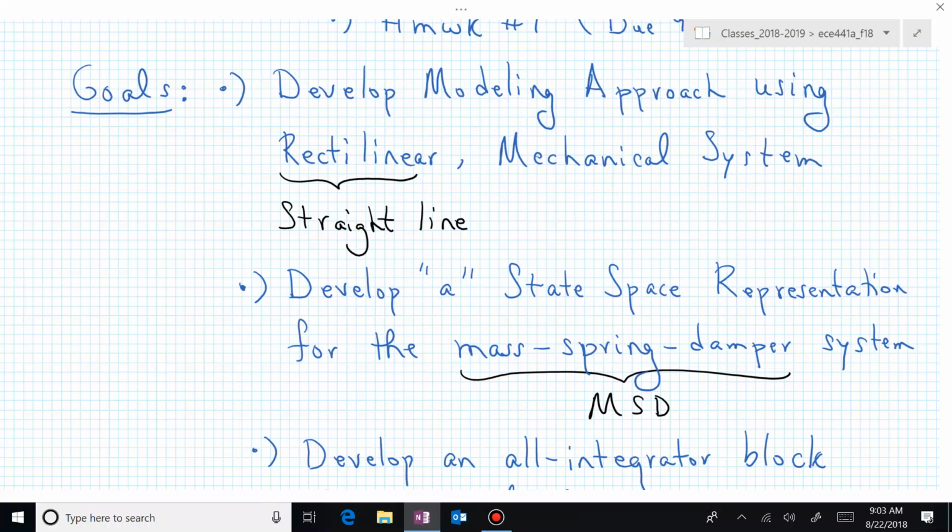Rectilinear is just meaning straight line. Everything's moving in one direction or in a straight line. If you can get comfortable with this system, it's what we are playing with in the lab all semester. So we need to be very comfortable with basically just rolling out of bed and knowing how to write down the equations of motion for this particular system.